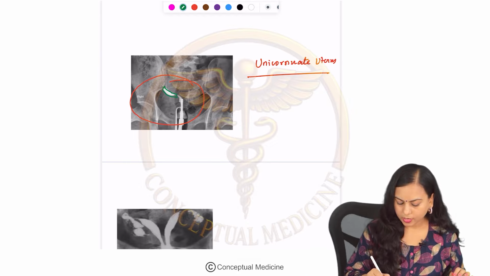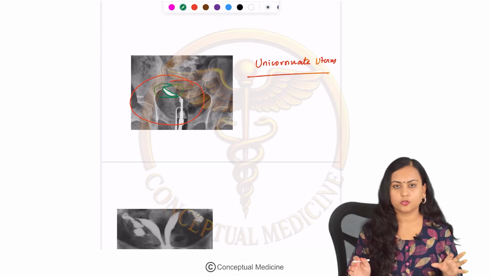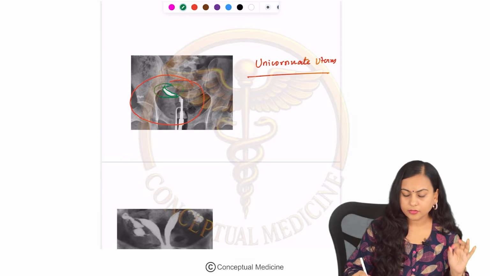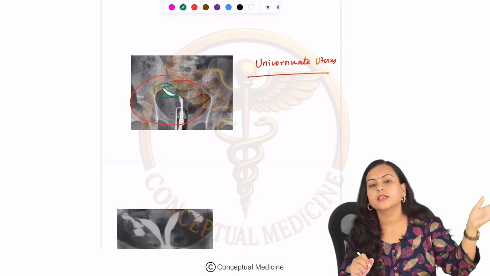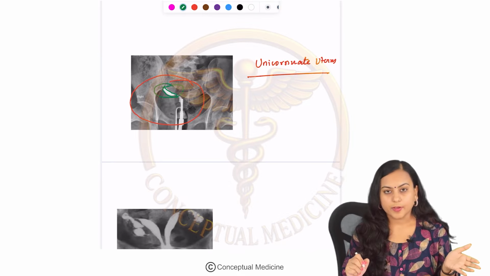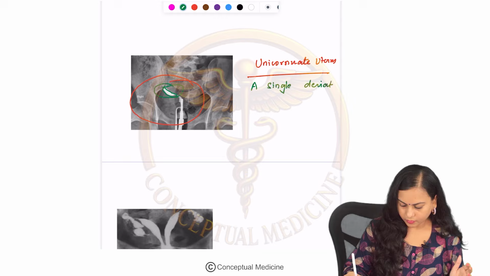And this is going to have a single fallopian tube also, since you are not able to make out the other fallopian tube here. You have to make sure that the dye is going in only one side, then it is going to be a unicornuate uterus. A single deviated banana shaped cavity.